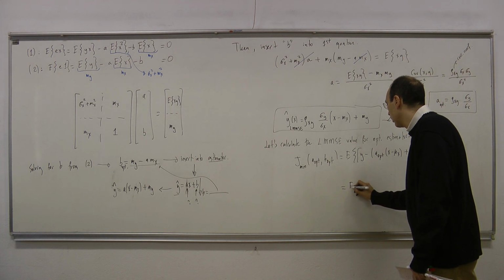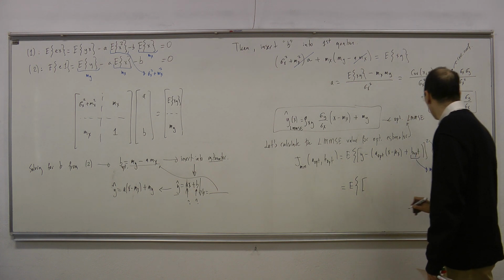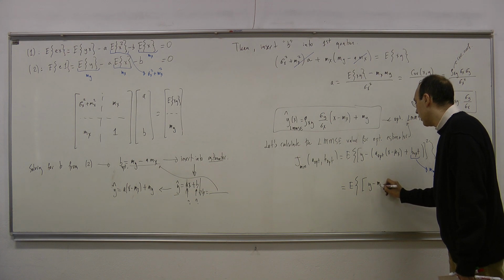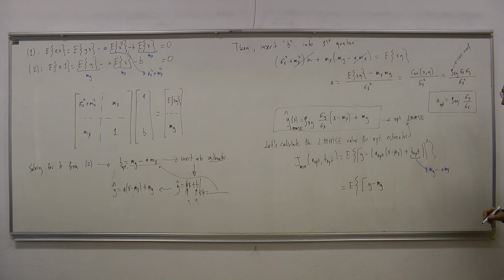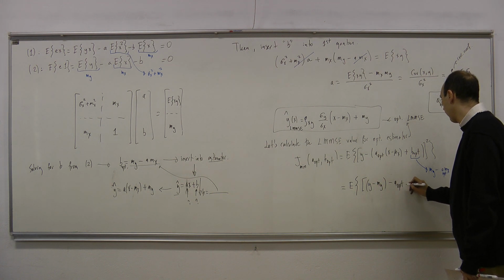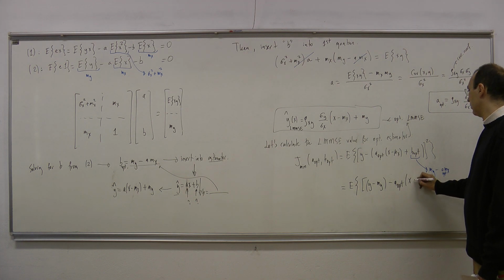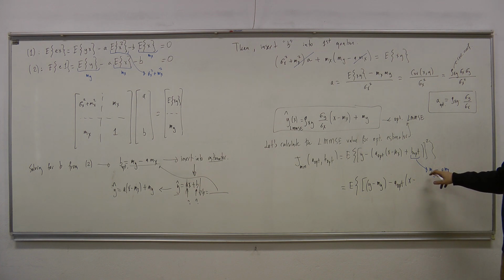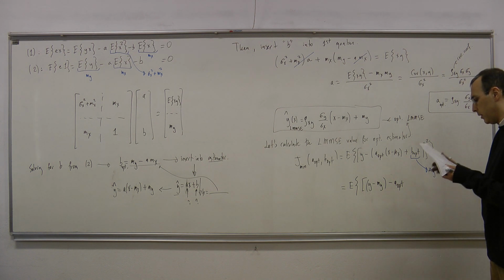Then this is the expected value of y minus mu_y, this is A_OPT, minus A_OPT times x minus, well, this cancels.